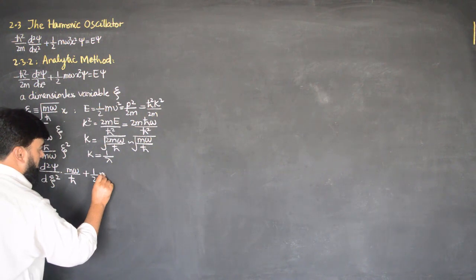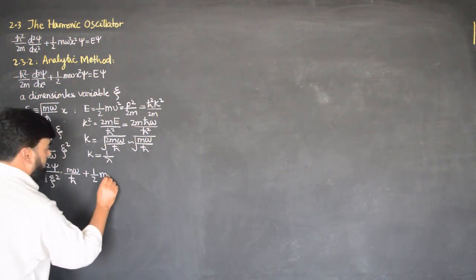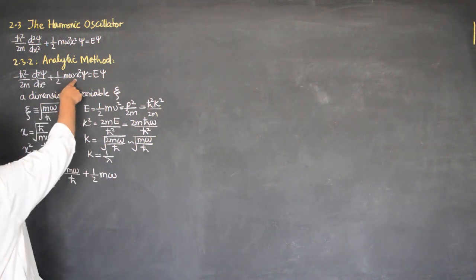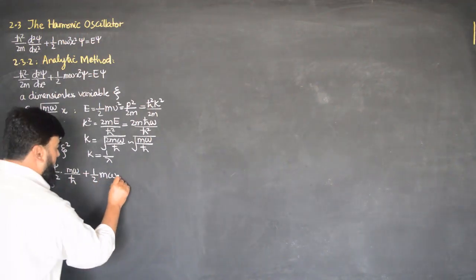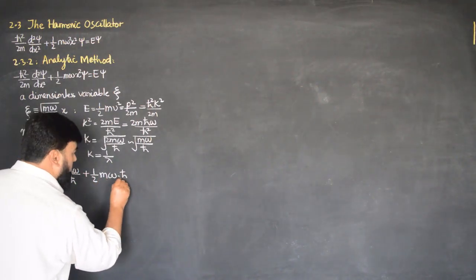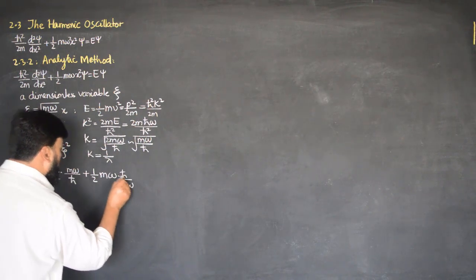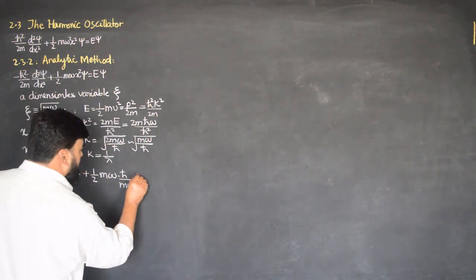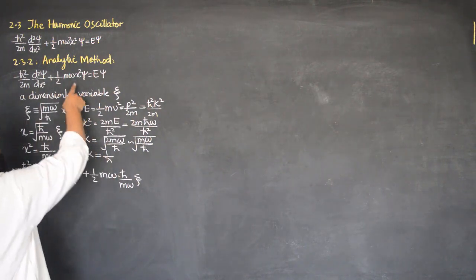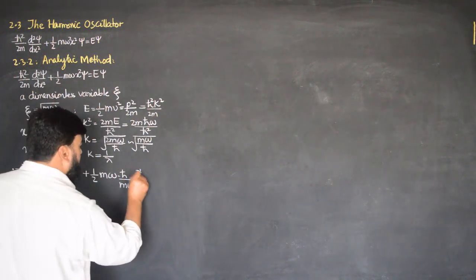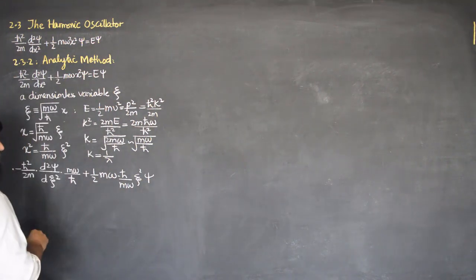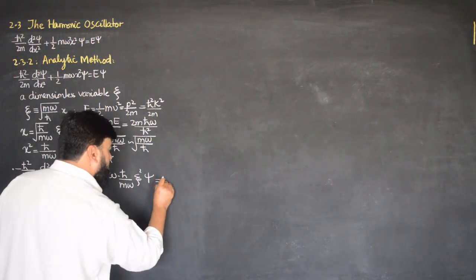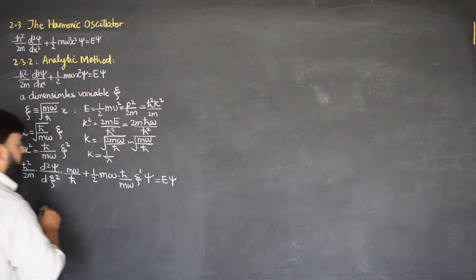Half m omega, and for x squared I will write h bar over m omega times xi squared, and ψ, this is equal to Eψ.